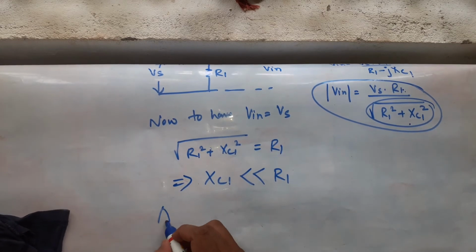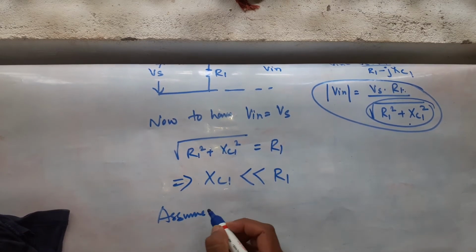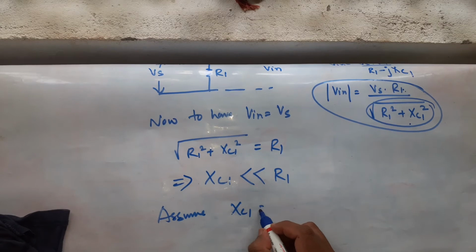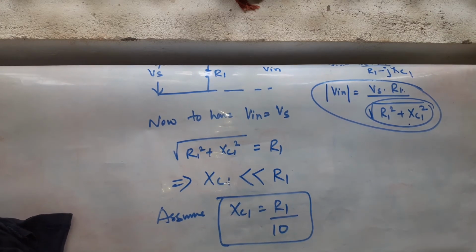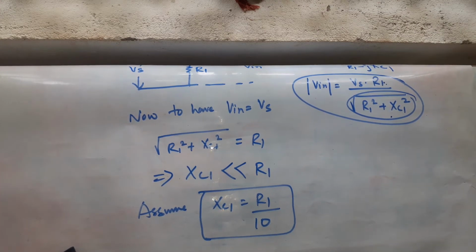Hence we assume XC1 equal to R1 by 10, meaning 1/10 of R1 we assume for XC1. This is what we assume.